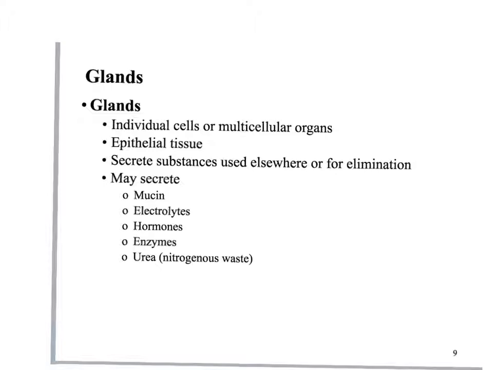So give me an example of a substance that can be used elsewhere in the body. What system would have a substance that's produced in one place but acts somewhere else? Close.